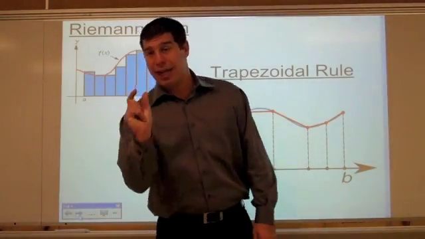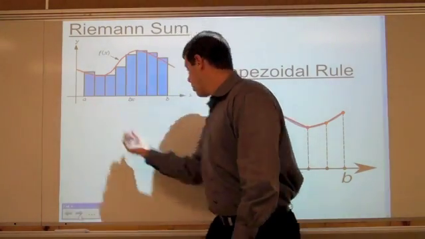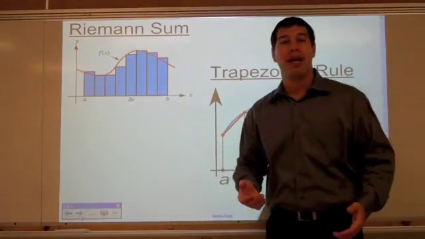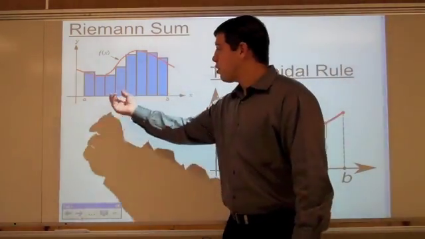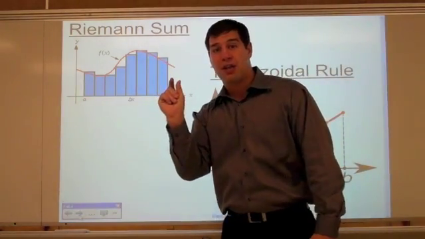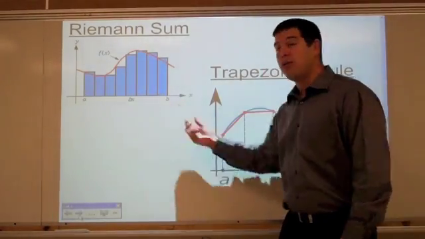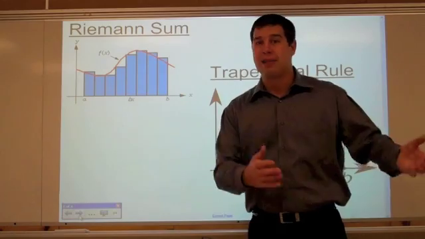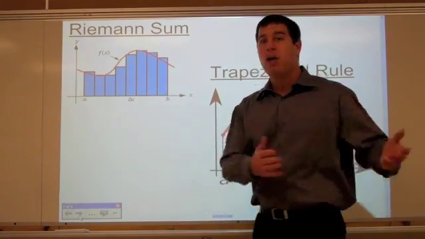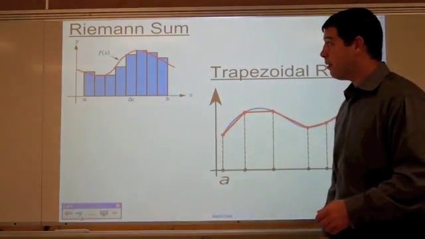As these intervals get smaller and smaller, either way, you're going to be cutting off less and less. So eventually, as the space between these goes to zero, either rectangles or trapezoids, your estimate is going to come out to be the area. The limit will come out to be the exact area.